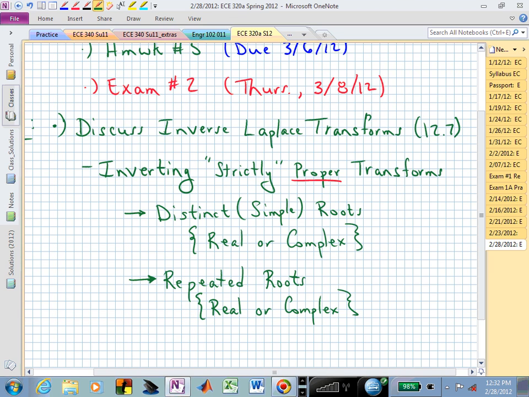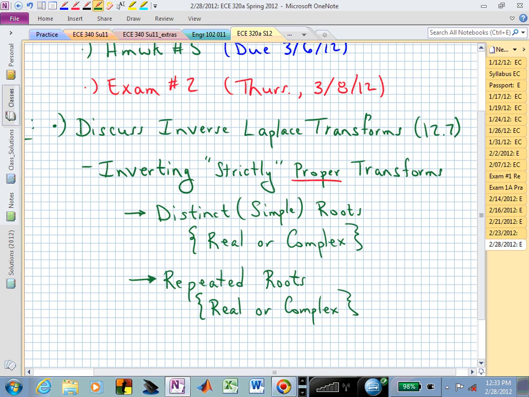One case is when all of the roots are independent, meaning they are not repeated. You have a root at -1, there's no other root at -1 in the denominator polynomial. Or I might call it a simple root, meaning you might have a complex pole at -2 plus and minus j3, and if that's the only pole at that location, it would be simple or distinct.